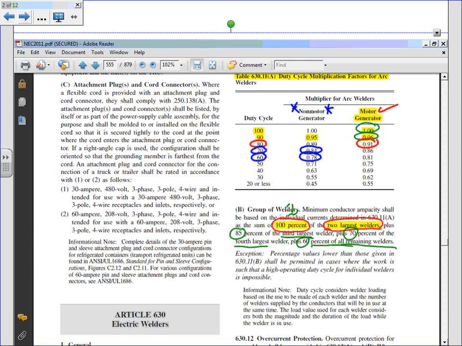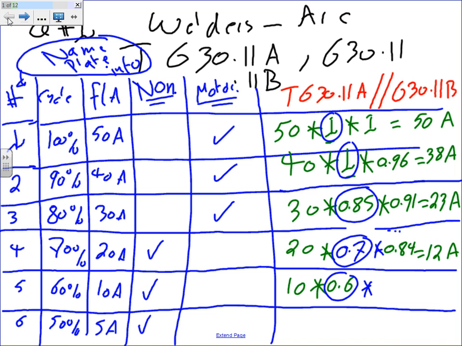Any question, guys, about this? 0.78. Okay, so this is where this came to be. And if you did the math on this one, you're going to find the 5 amps.